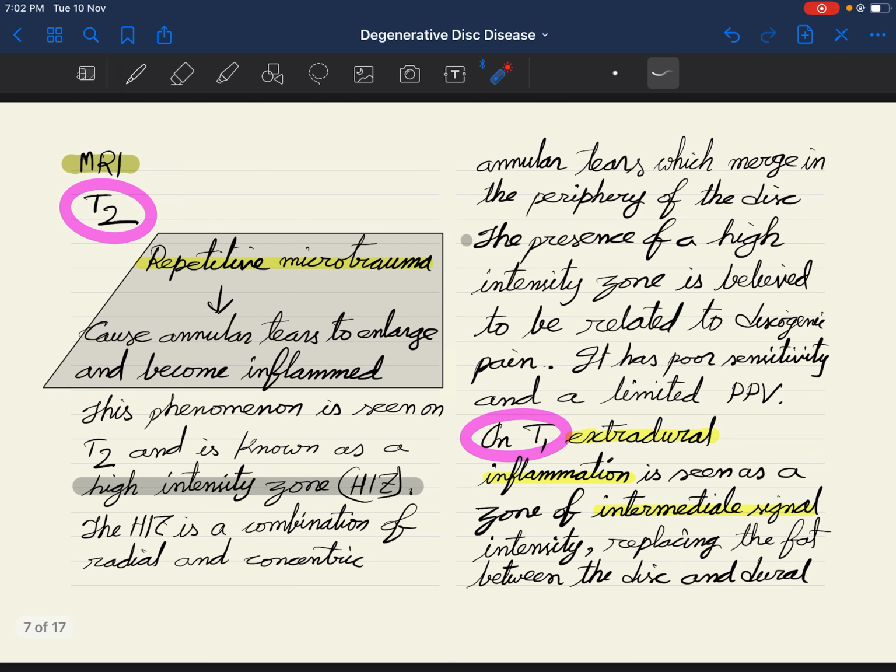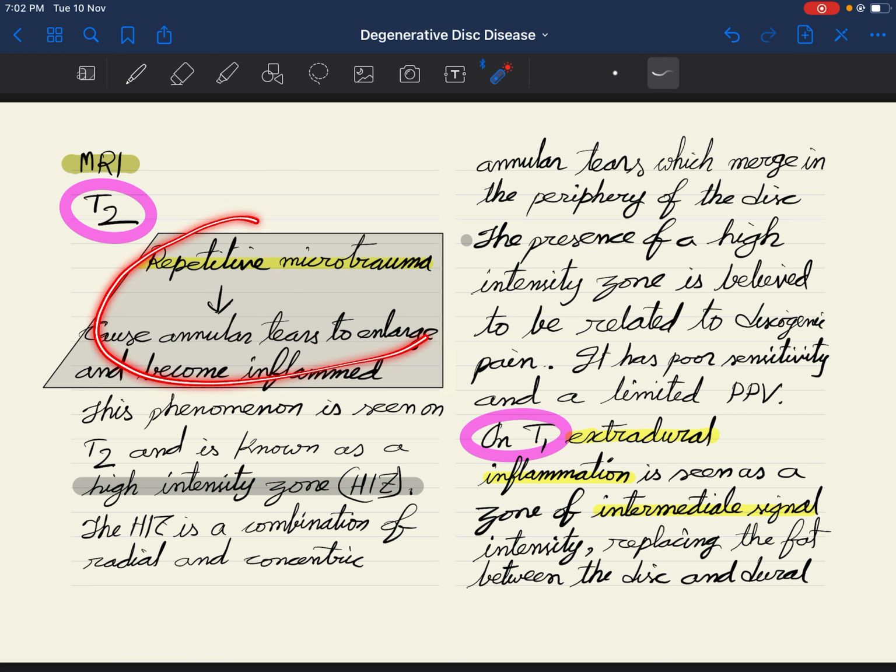On MRI, annular tears appear on T2 weighted images as a hypersignal intensity, and annular tears occur after repetitive microtrauma. These repetitive microtraumas cause annular tears to enlarge and become inflamed.